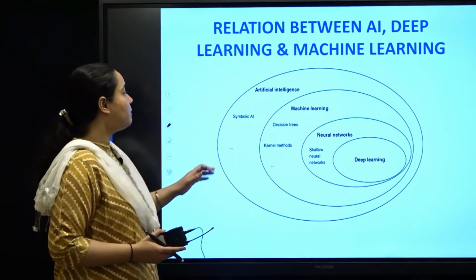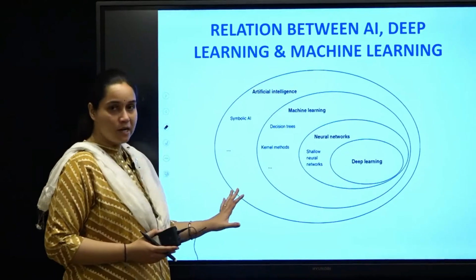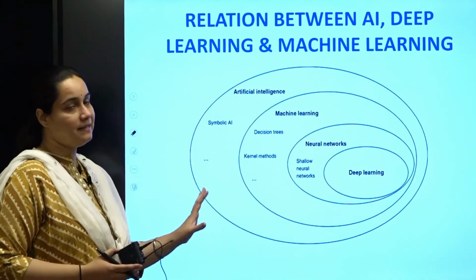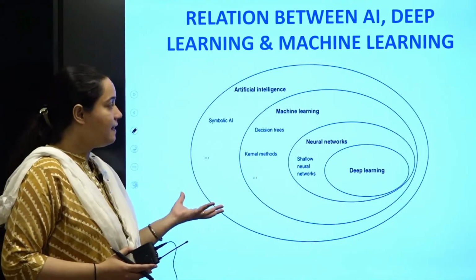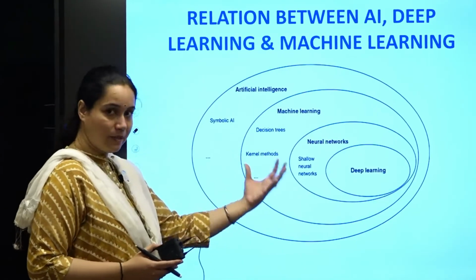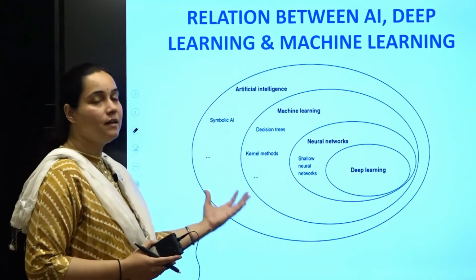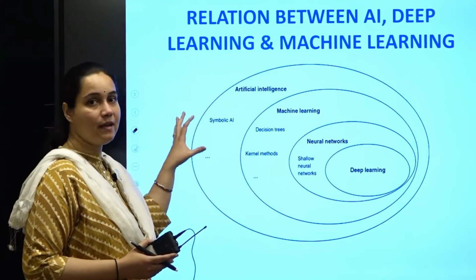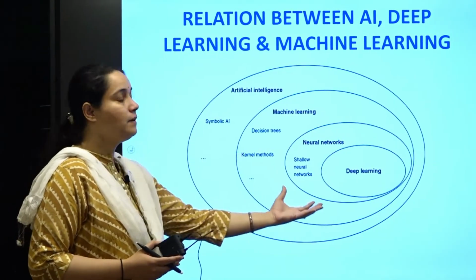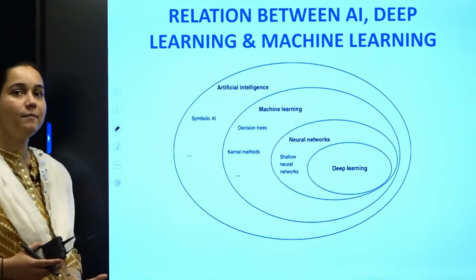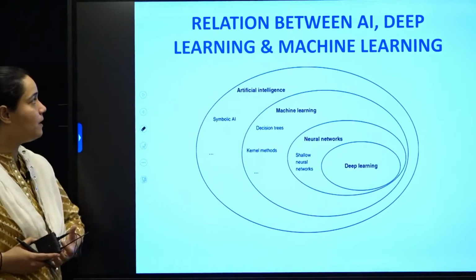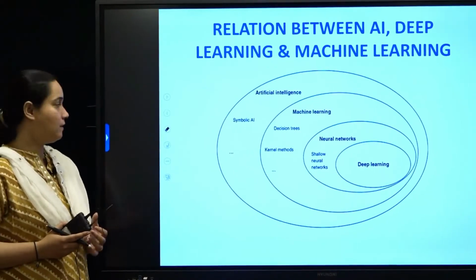So here you can see the overall relationship: deep learning is a subset of machine learning, which in turn is a subset of AI. AI is the superset. That's the relationship between AI, deep learning and machine learning.